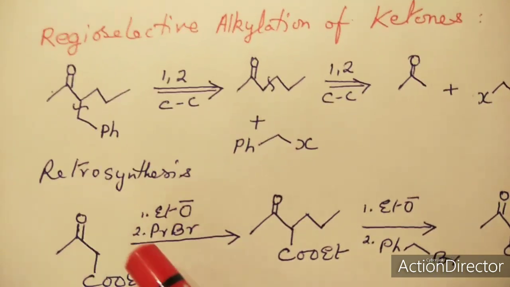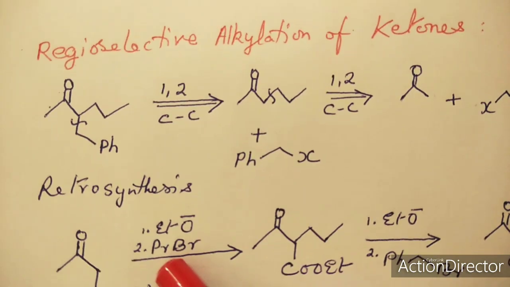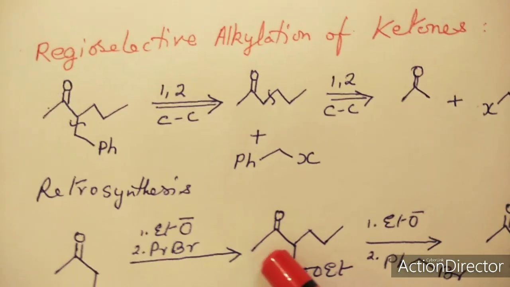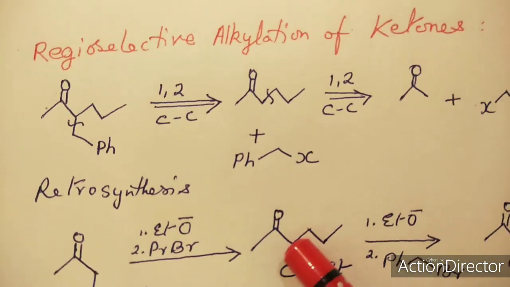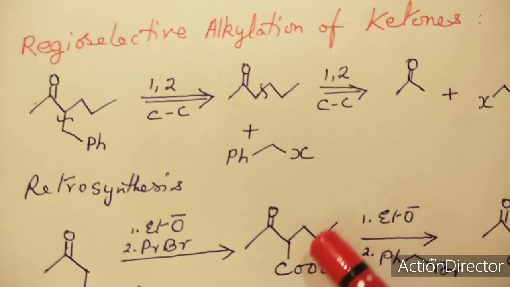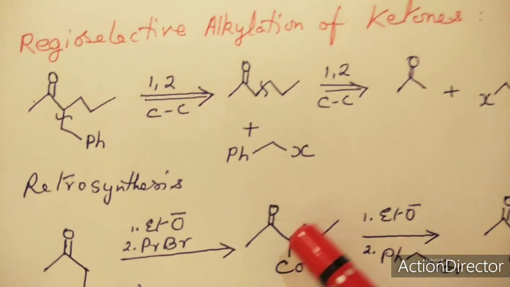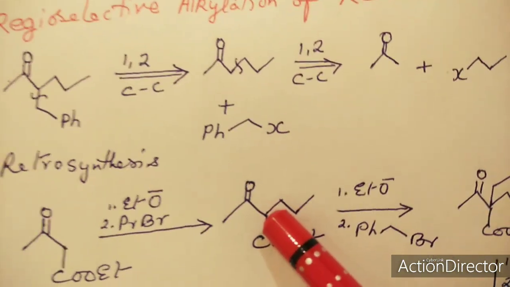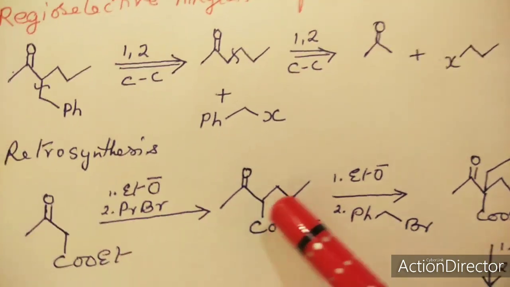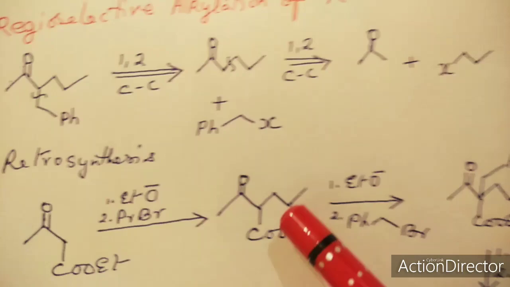So our alkyl halide will attack at this position. Propyl bromide here, 1, 2, 3, propyl bromide will therefore attack at this position, and we will get this type of substituted product.